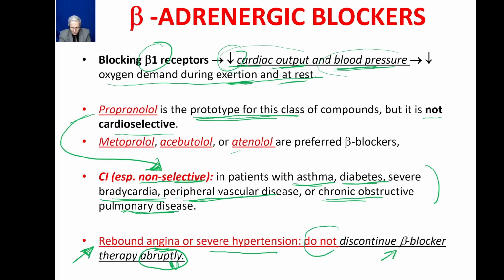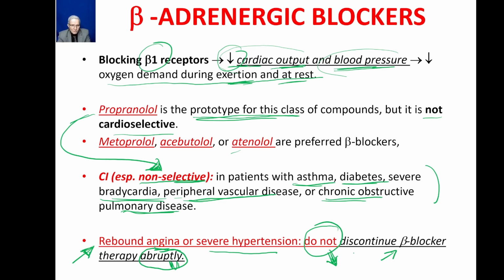Therefore, don't discontinue this medication rapidly. We need to stop it gradually in order to bring this receptor back to activity again. This is related to upregulation and downregulation of receptors.